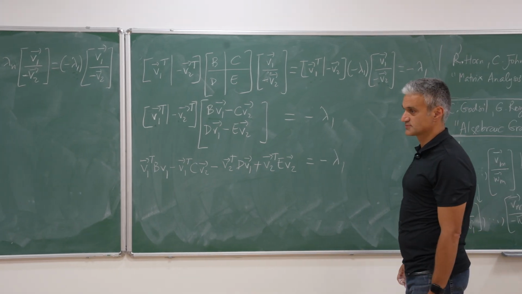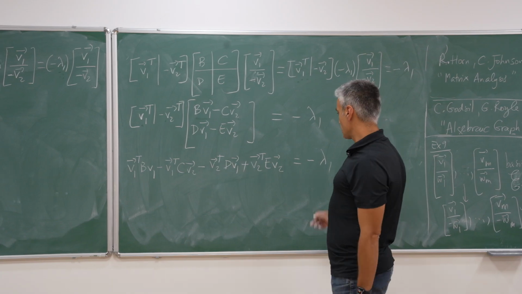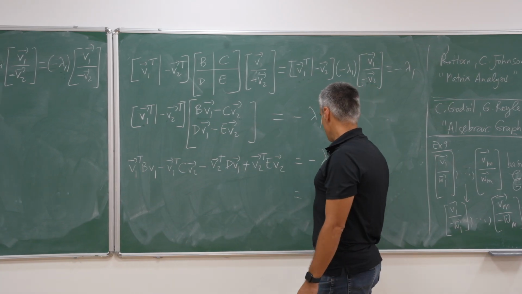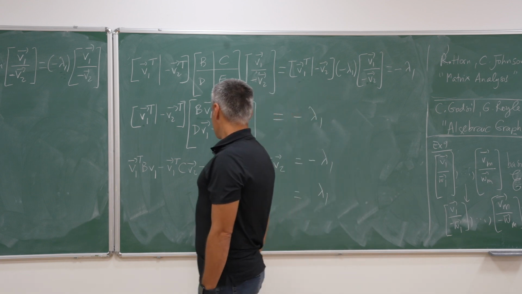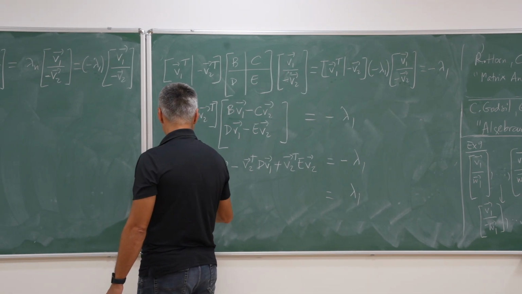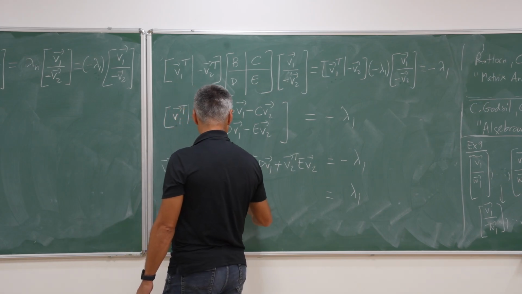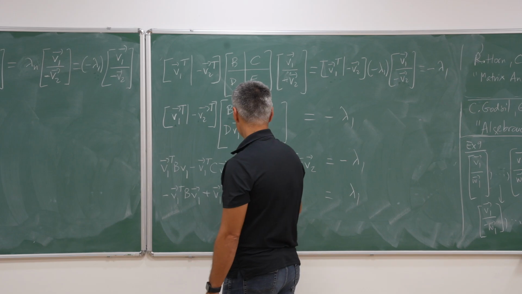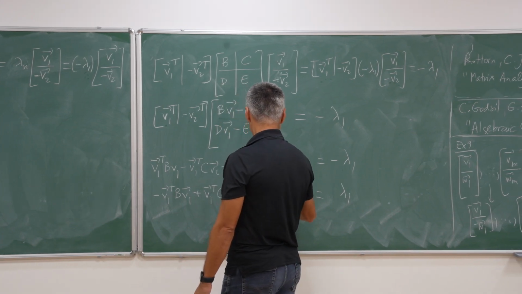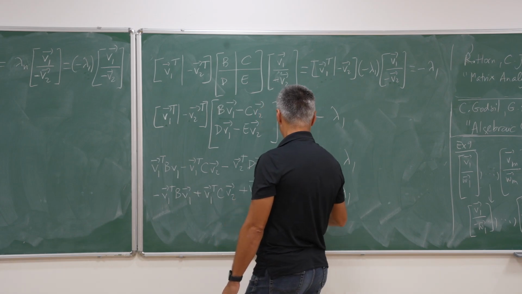So the last one for now, I want to get to lambda 1, so I just change the sign. So I'll get lambda 1 here, and I just change the sign, so it's minus v1 transpose B v1 plus v1 transpose C v2 plus v2 transpose D v1 plus v2 transpose E v2.